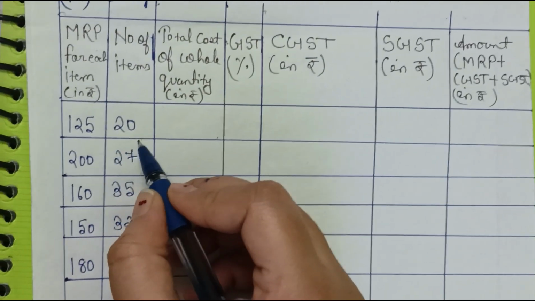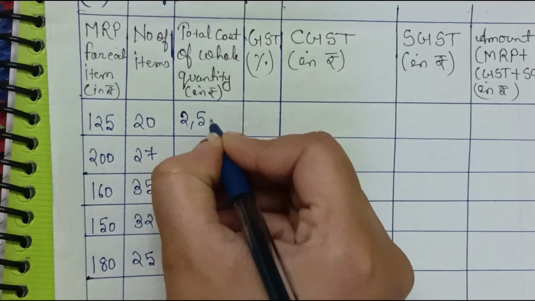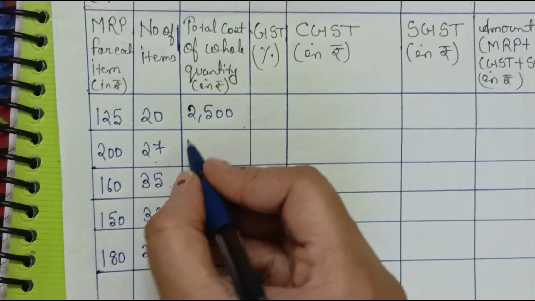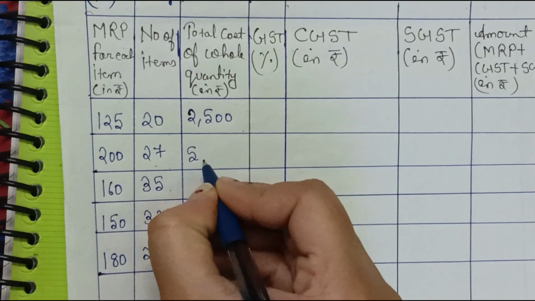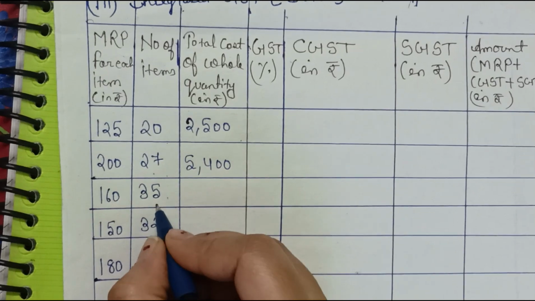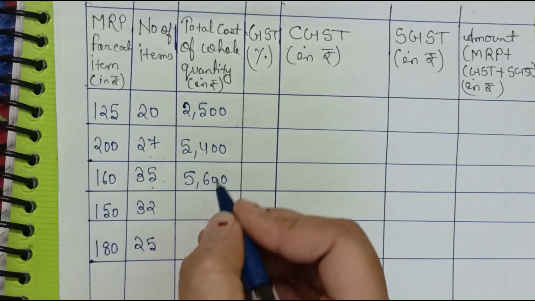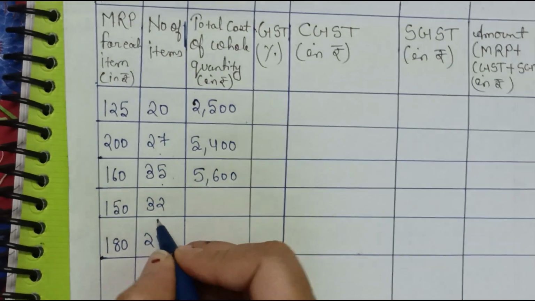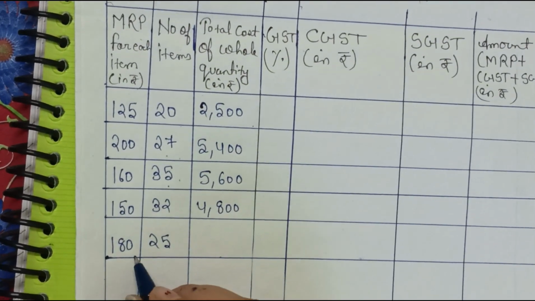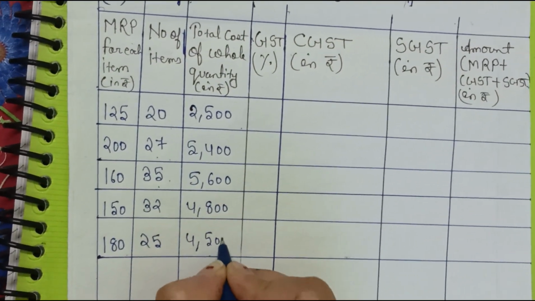125 into 20, that is 2500. 200 into 27, that is 5400. 160 into 35, that is 5600. 150 into 32, that is 4800. 180 into 25, that is 4500.